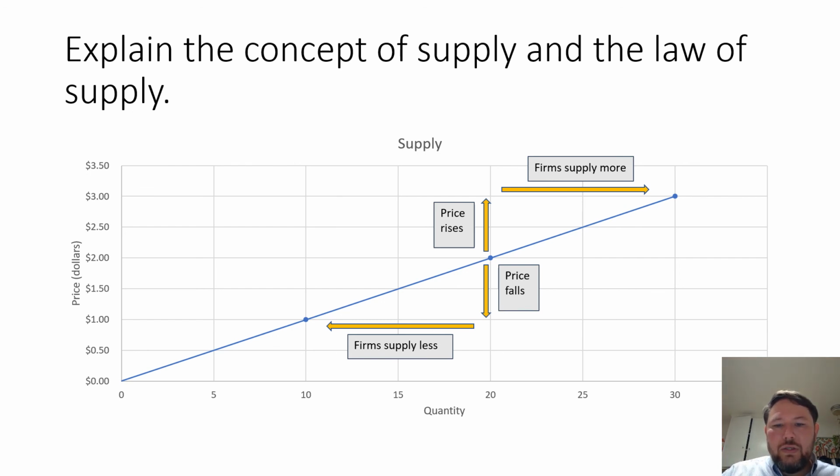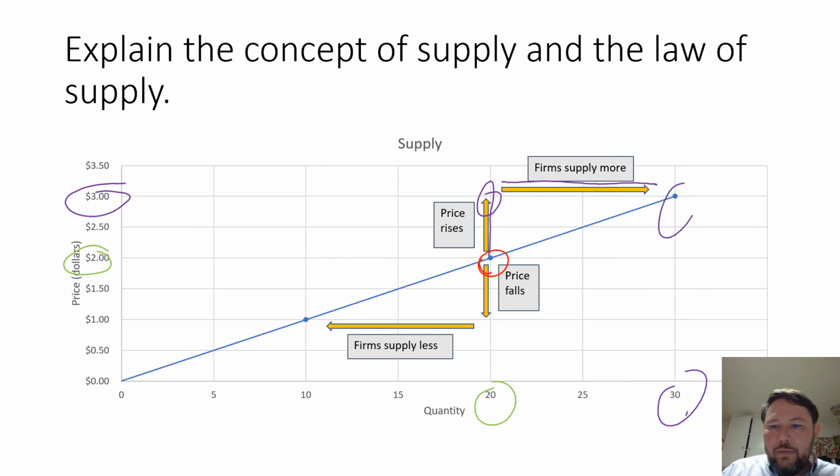As the price rises, so if our price here is $2, let's say it's $2 for a bottle of water, here's our price, $2, we have a quantity supplied of 20, let's say bottles. And that's where we are. If the price were to increase, let's say it went to $3, our quantity supplied would increase to 30 right there.